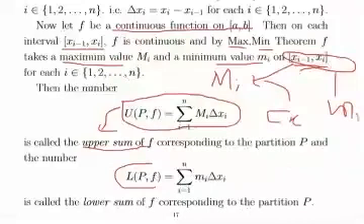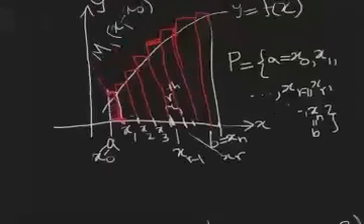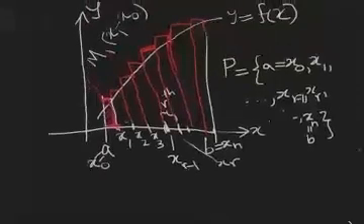Let's try to understand this using the previous diagram. Here I use the blue pen to denote the lower sum of f. If you consider this sub-interval here, the minimum value of f on this interval is somewhere here. Let's complete a rectangle.